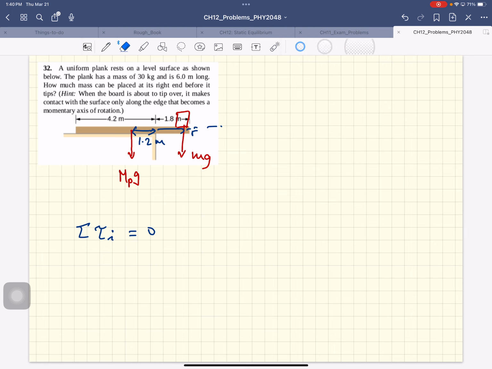All right. So minus mg times 1.8 meters plus mg times 1.2 meters. So this torque is going into the plane, this torque is going into the plane, this torque is coming out of the plane, and that's the positive. Equal to 0.